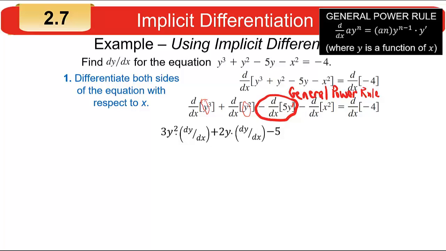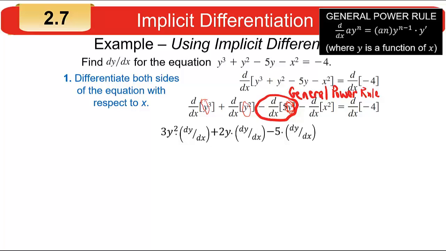That also reminds you that the derivative of 5x would just be 5, so the derivative of 5y would be 5 as well, and we would be done, except that you have to remember that y is assumed to be a function of x. So now we have to multiply by the derivative of y, which is dy over dx.